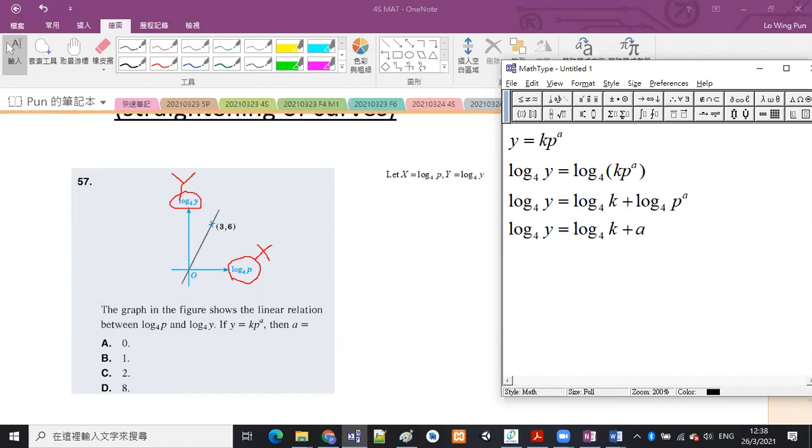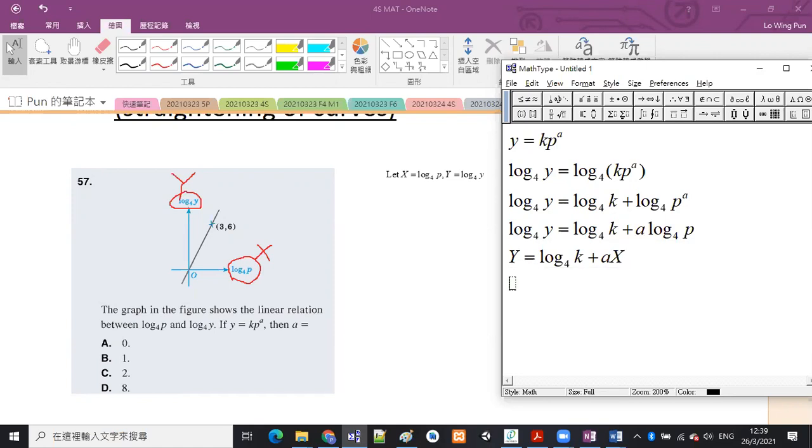So that's a times log p base 4. And then we have log p base 4 now, and it is ready to be changed to capital X. For the next step, we change log y to capital Y, and log p to capital X. Can you get this?